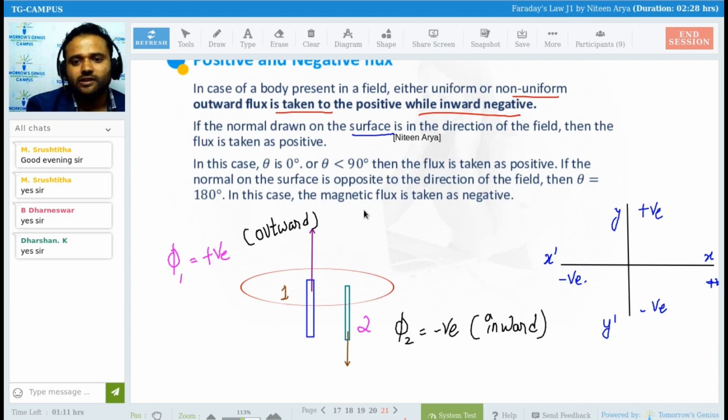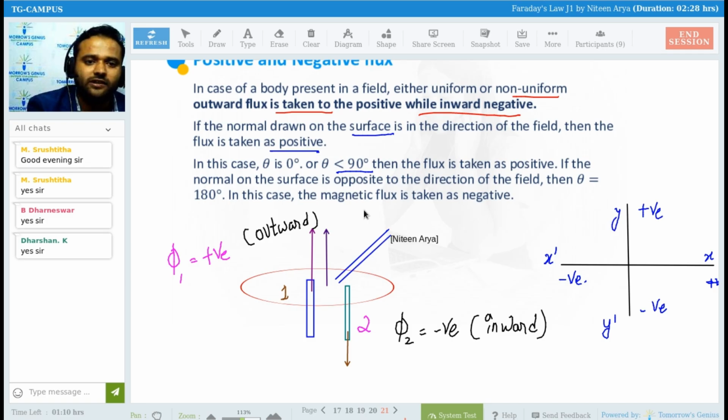If the normal drawn on the surface is in the direction of the field, then the flux is taken as positive. Again, here is my normal. This is my normal vector. So if I move my magnet in the direction of the normal vector, in this case theta is 0, as you can see. When theta is 0 or less than 90 degrees, if I move my magnet a little bit, instead of simple 0, I can move my magnet in this way.